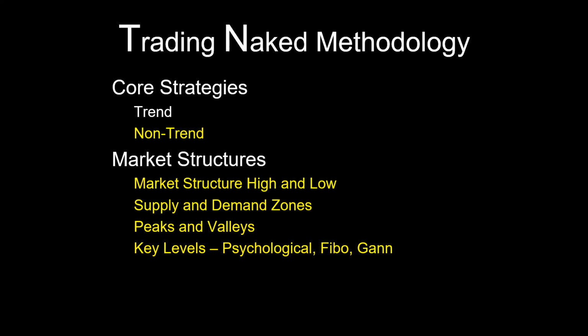Then we need to look at key levels of the market. And the key levels of the market are what I call the psychological level. These are actually big numbers of the market.